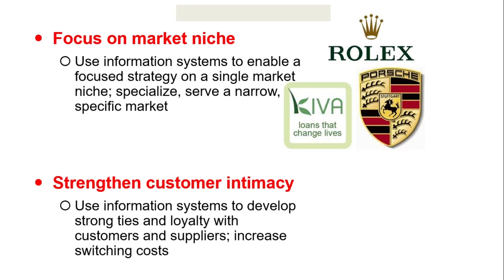Customer intimacy. There is another strategy where you just focus and listen to what customers need, and you increase the switching cost for them. So you become very loyal to your customers, like iPhone.